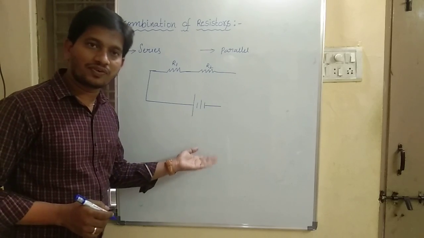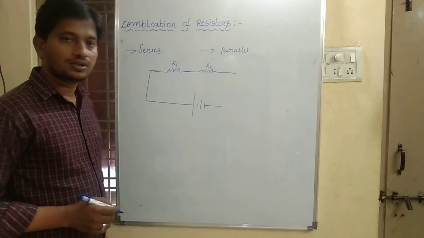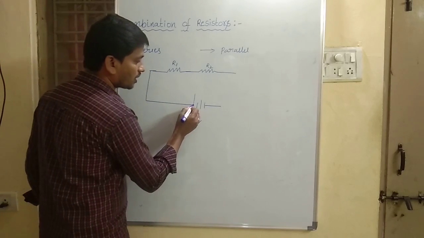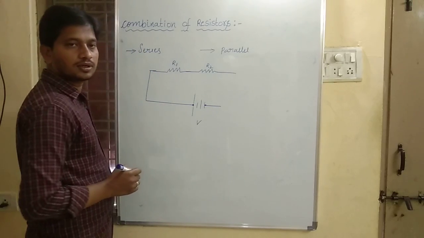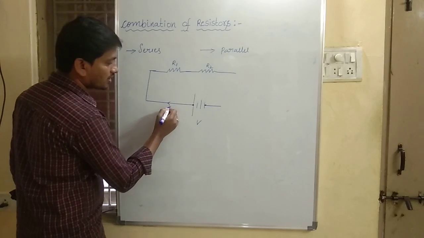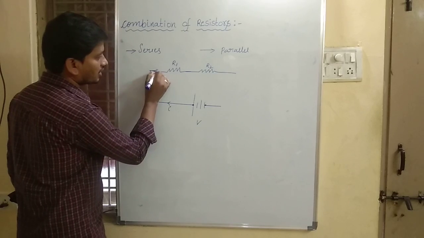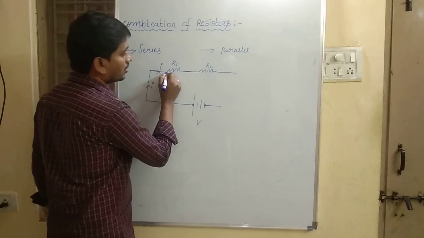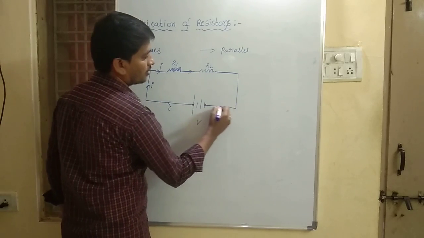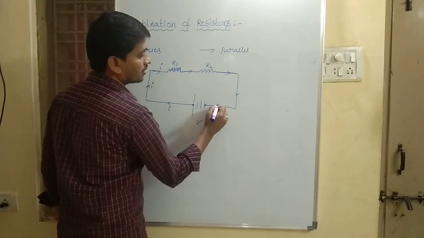If there is a potential difference, then current flows, right? If the potential difference is V, then current will flow like this.